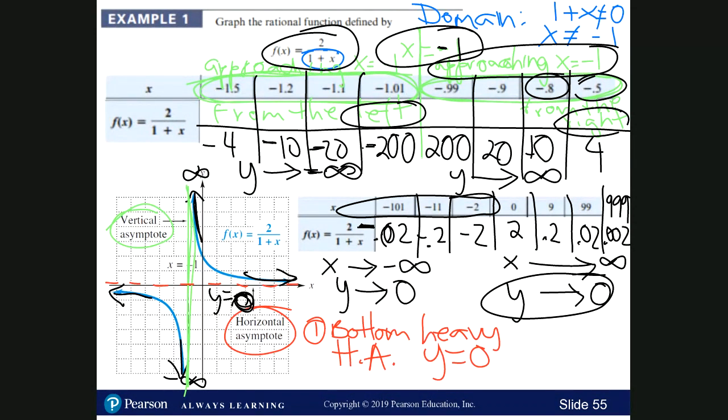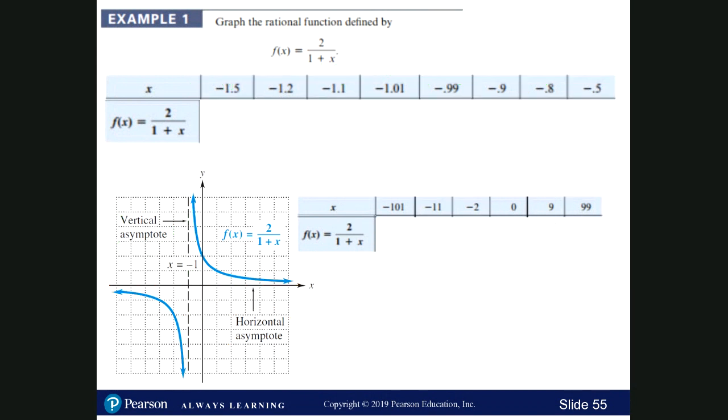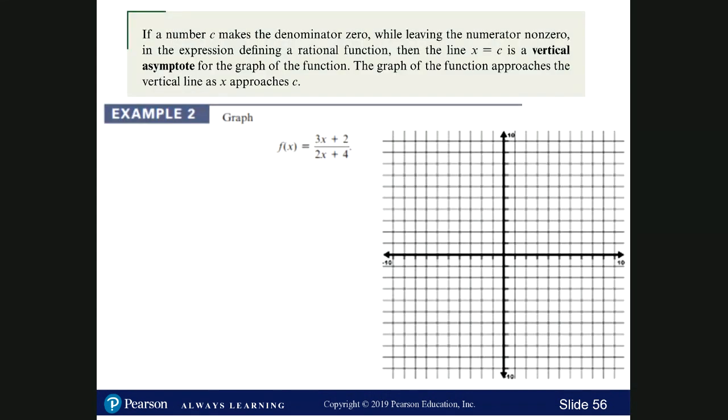So we're going to graph the next problem, and this is what summarizes what we said about that number that makes the denominator 0. The one that we have to exclude from our domain is going to be the same number that we use with our vertical asymptote. So in this case, we're going to work this by steps. Our first step is going to be to find the domain.